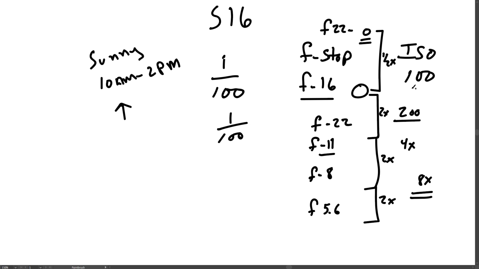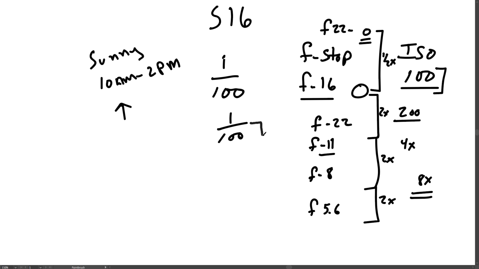Our ISO was set at 100 for Sunny 16, and the problem is we can't make this sensor less sensitive. 100 is the least sensitive. So what that means is we're going to have a faster shutter speed because we need to cut down on the amount of light.